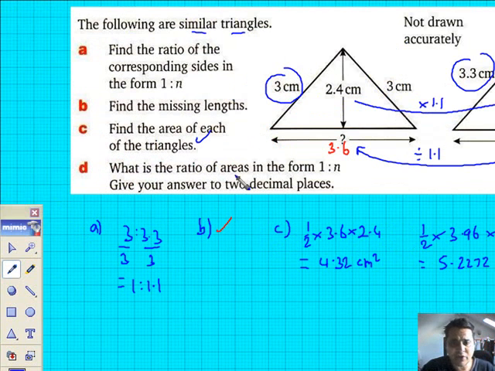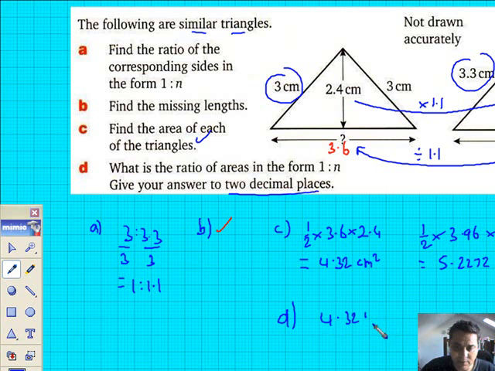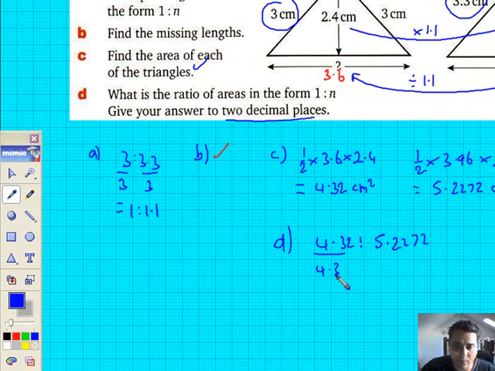Now it says give the ratio of the areas in the form of 1 to n. Give it to 2dp. In other words, it's not going to be very pretty. So part D, ratio. Well, let's go 4.32 to 5.2272. To make the left hand side 1, you just divide by 4.32, and therefore to keep the ratio trimmed down by the same proportion, also divide by 4.32.